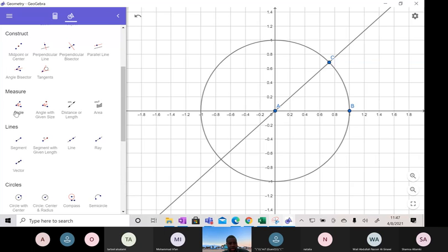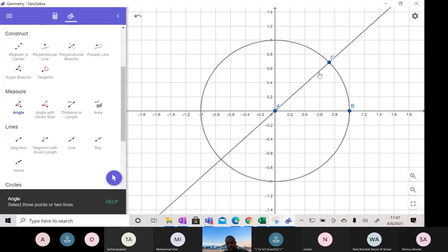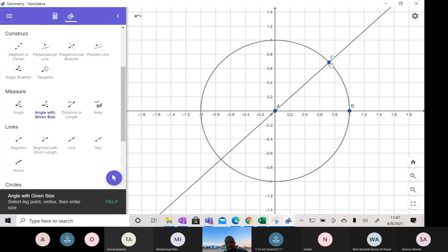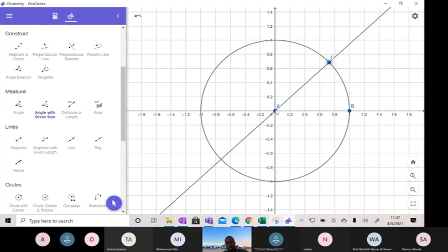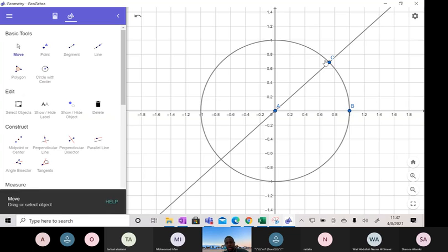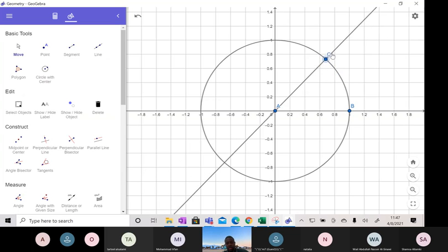Measure angle with, take this, and that. No. We pick this, it is better. This, and this. I don't know why my applet is not opening, because I've done a lot of things with it.